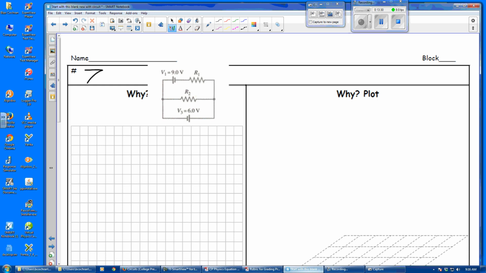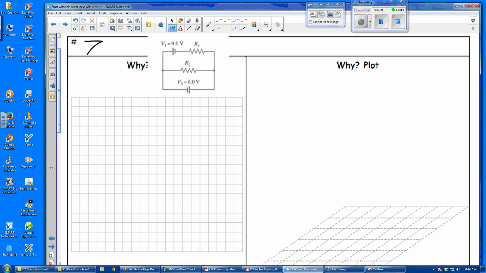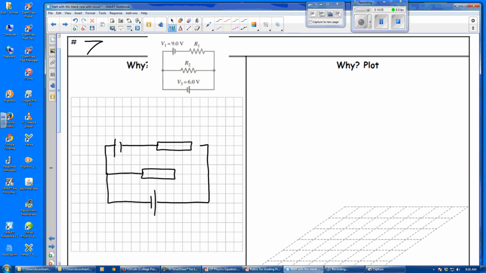And let me do my diagram here. And I'm going to put in the battery. Excuse how messy this will be. It's hard to be as neat on the board as I would be if I was drawing this on paper. Make sure you get the positive and negative sides of your battery copied in there correctly.